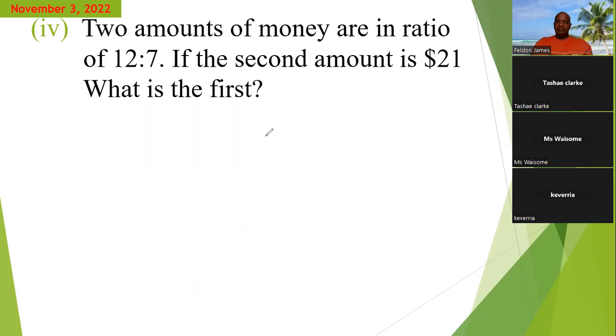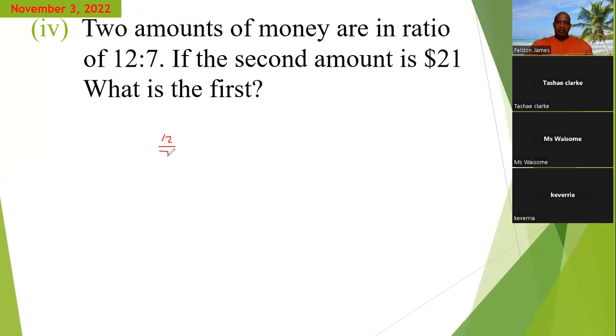Sure. I use the same method you use. So first I turn the ratios into fractions. So for the first one, you have 12/7. All right, so let me write what you have. So you say you have 12/7.